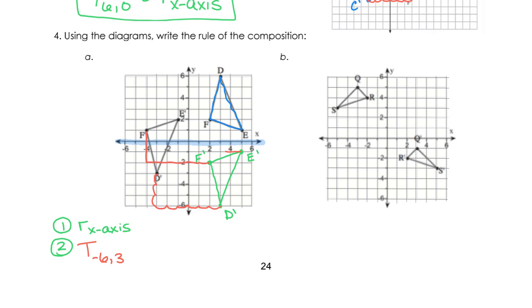Yep. So if we do that, this would work. And so our composition would look something like this. Remember, the first one you did actually has to go second. So it would be a translation of -6, 3, following a reflection over the x-axis. And there's our composition.